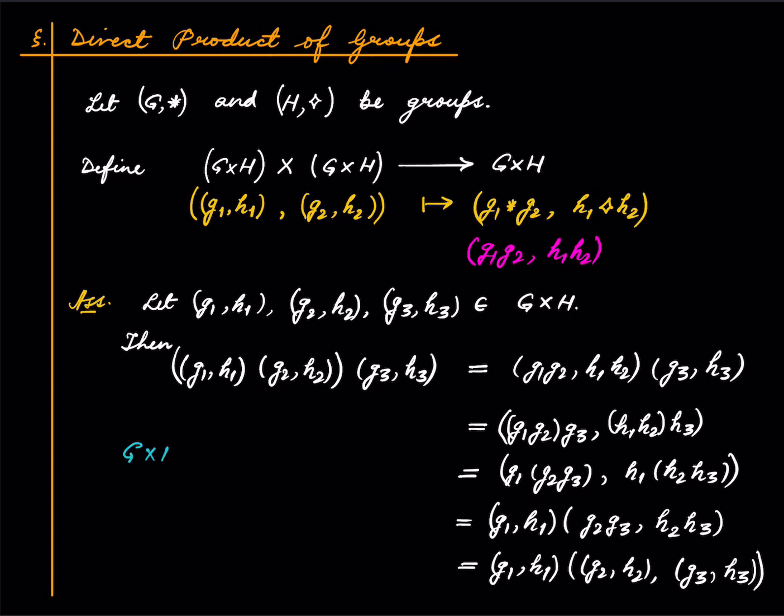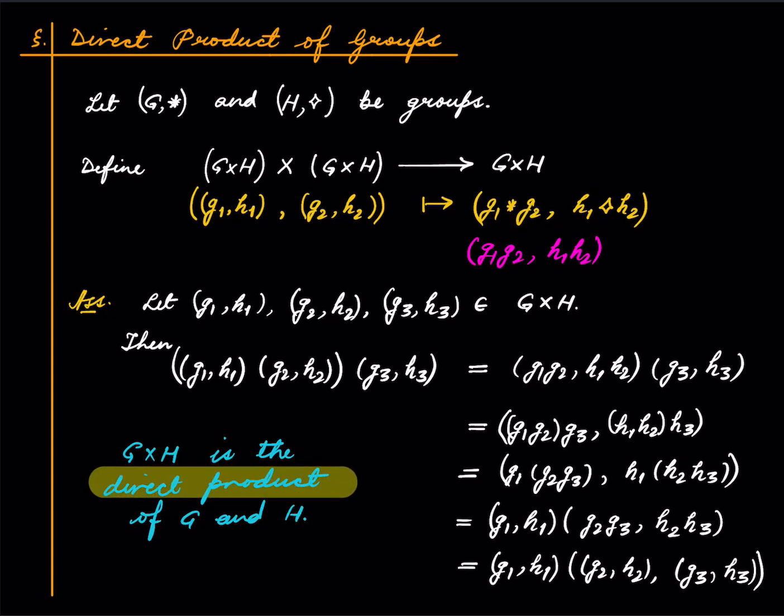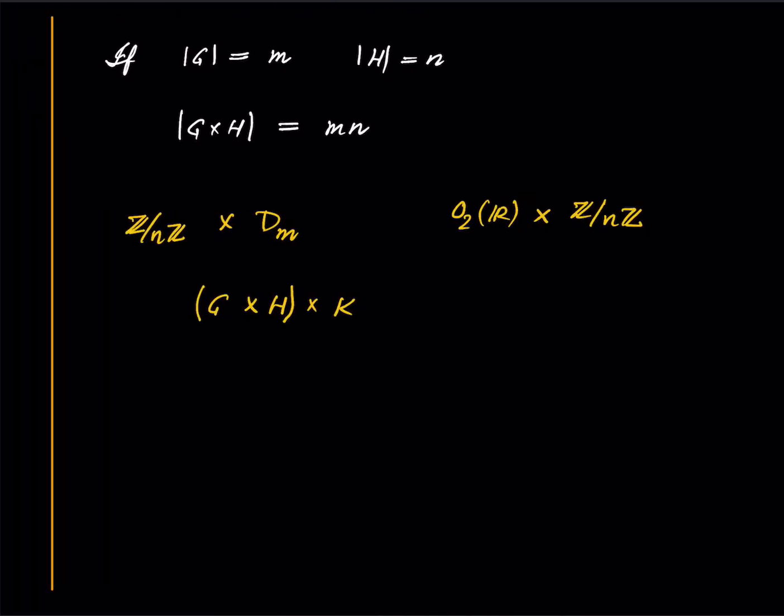G cross H, with the binary operation that we defined and that I am leaving implicit, is the direct product of G and H. So this is called the direct product construction, and it's not that you can do it only with two groups. I give you a bunch of groups and you can still define the direct product in the very same way. Alright, so this is all for this lecture.